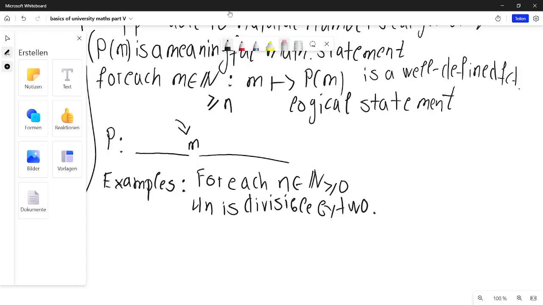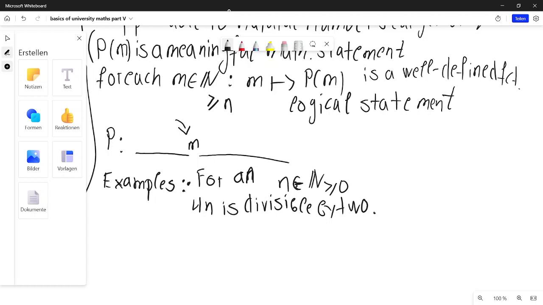Okay, obvious statement, right? But it is a mathematical statement. And let's say not for each, but say for n in natural numbers, n is divisible by 2. Then this statement is obviously applicable to all natural numbers n bigger or equal 0, right?